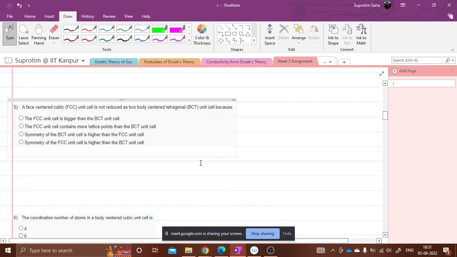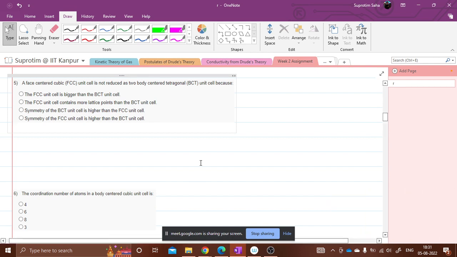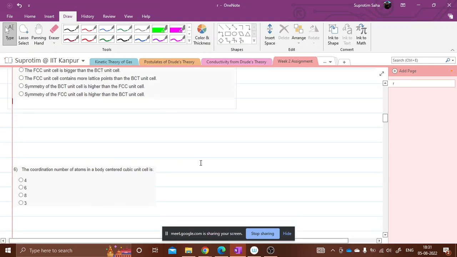You have to see my screen. So a face-centered cubic unit cell is not reduced to a body-centered tetragonal or BCT unit cell because. So you have to draw. Let's first draw a face-centered cubic unit cell.